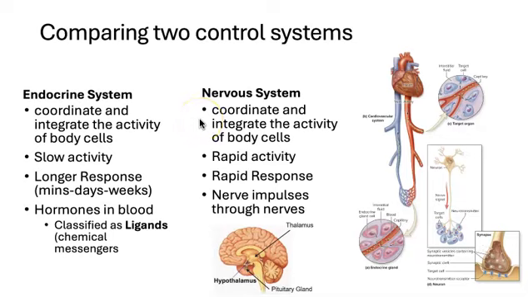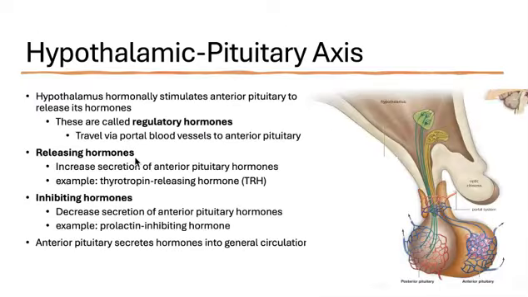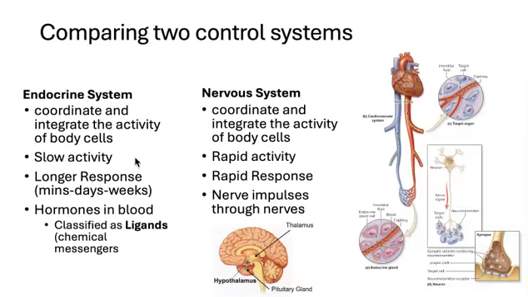There are some differences though. Our endocrine system is going to be slow because we have to secrete that hormone. It has to travel through the blood, make its way to another endocrine organ, and then maybe release another hormone. It takes time. Whereas with our nervous system, we are going to send impulses very rapidly.